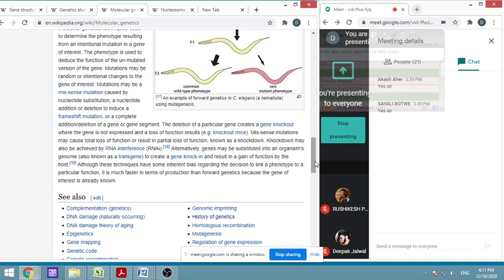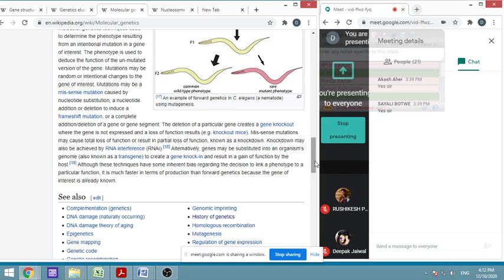So gene knockout means that gene is removed, the gene is not present, it will not express, it will not be functional, that gene will not do anything. And these animals are used as models for various kinds of such diseases.